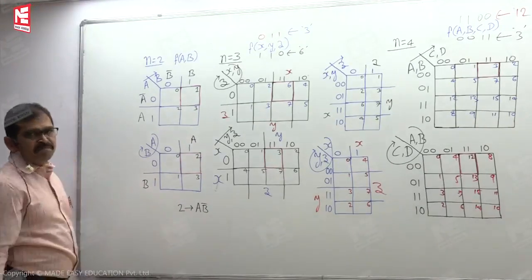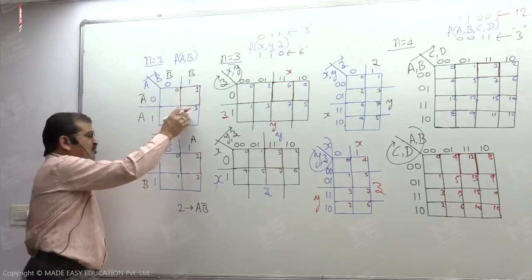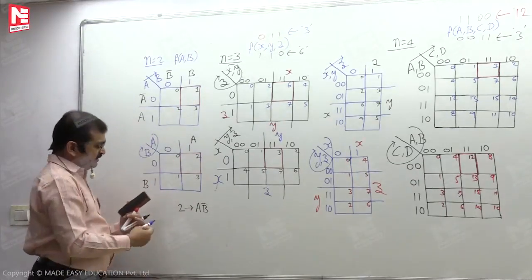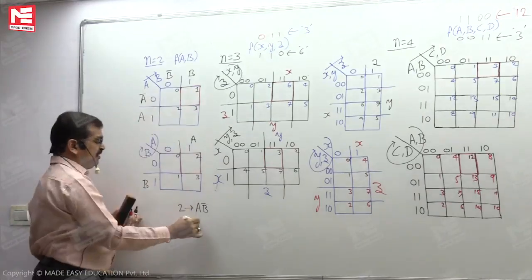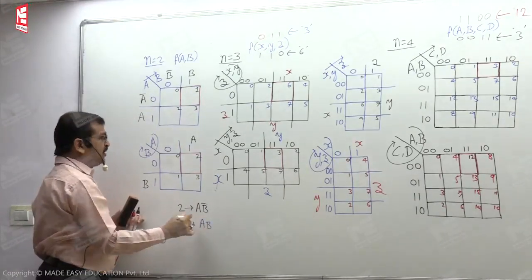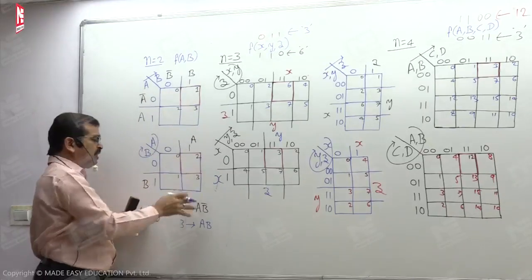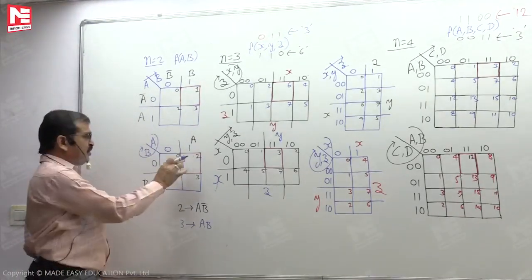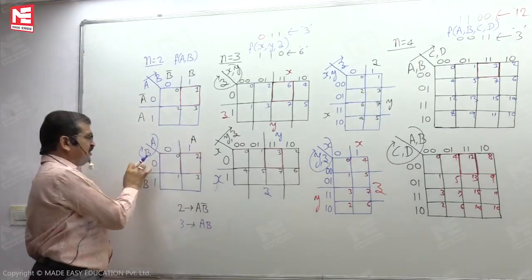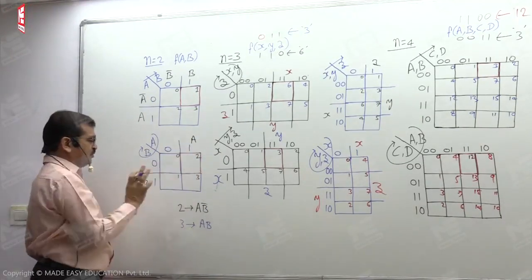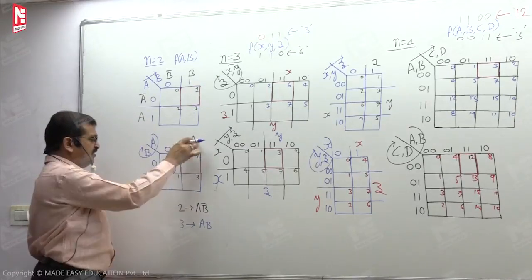Similarly, for this cell 3, the product is AB. Whether we read these products from this format or from this format, these are the products only. For cell 2, A B complement, maybe looking at these headings or these binary values. Similarly, for cell 3, A B.